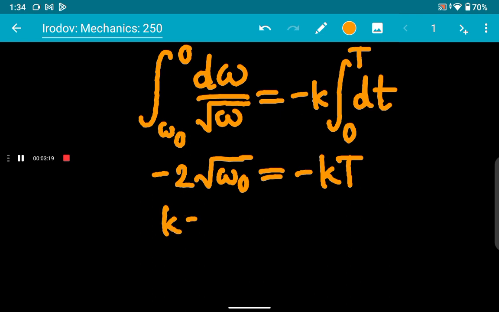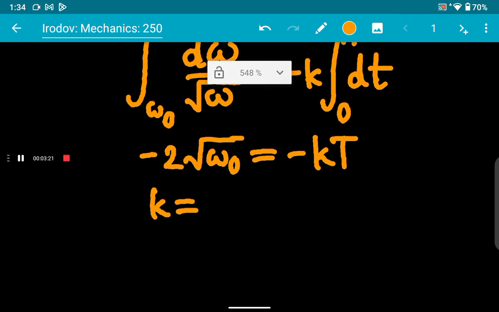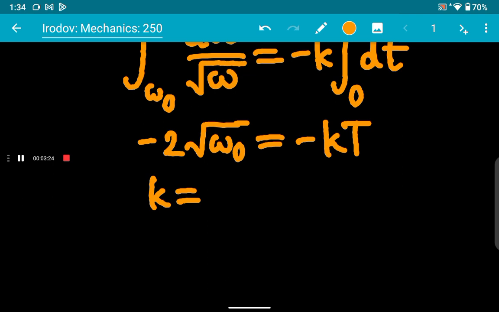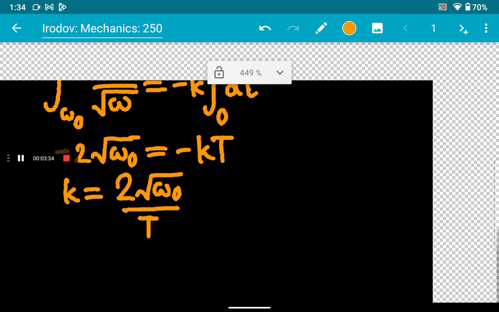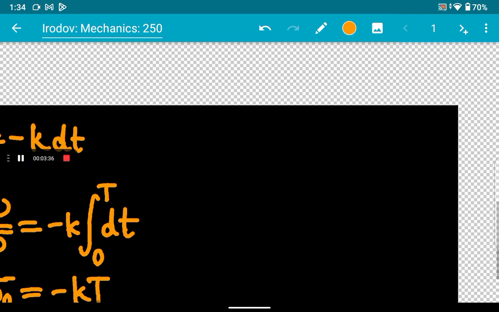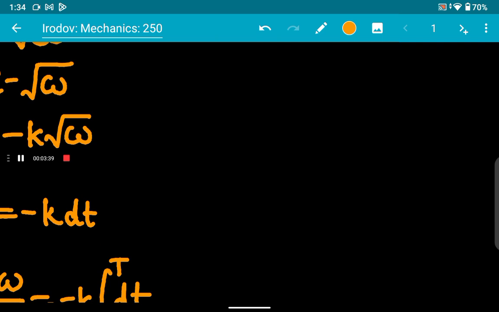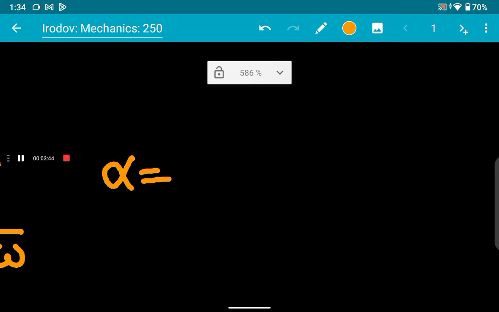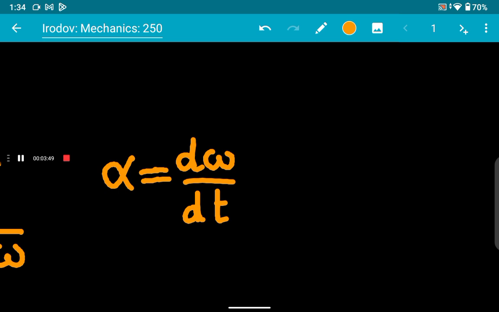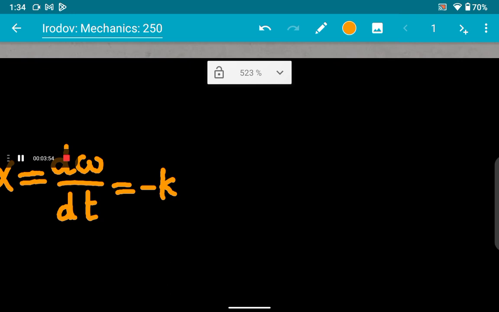From this, what you will get is the value of k, and this will be required in the further steps. So k is 2 root omega naught by T. Now let's write the alpha, the deceleration basically. Alpha is nothing but d omega dt, which was minus k into root over omega.